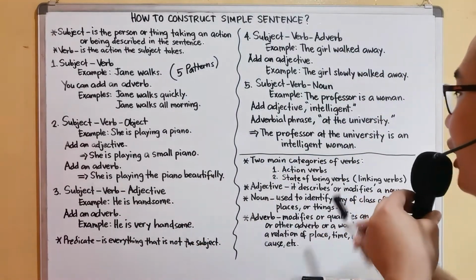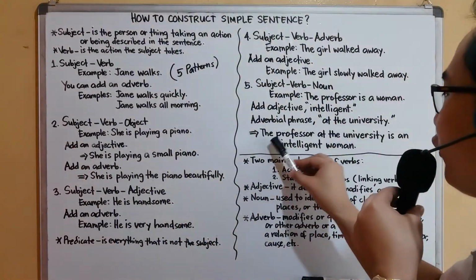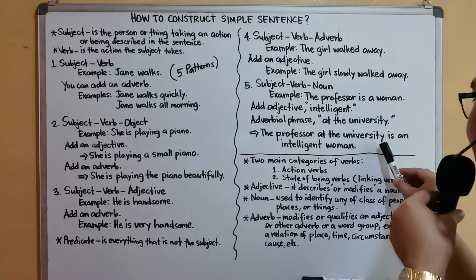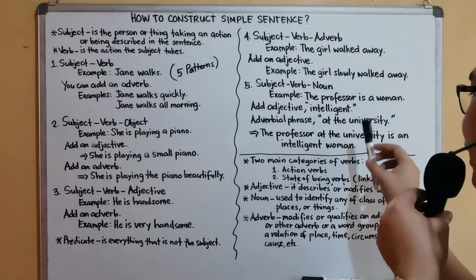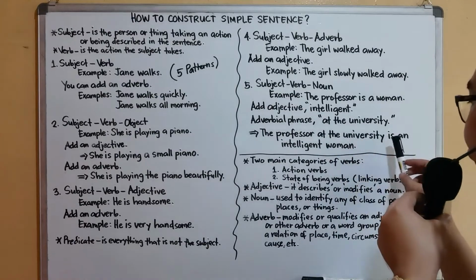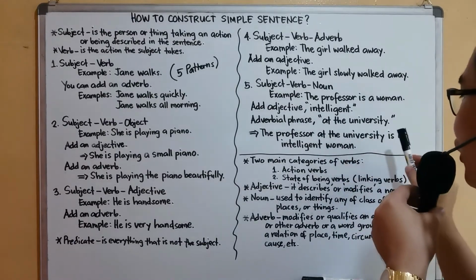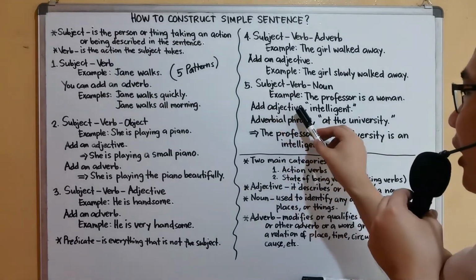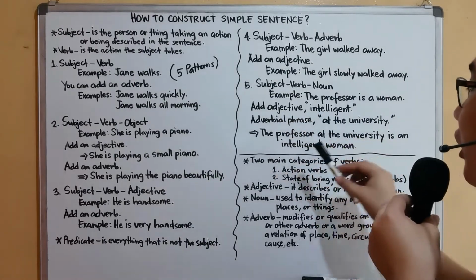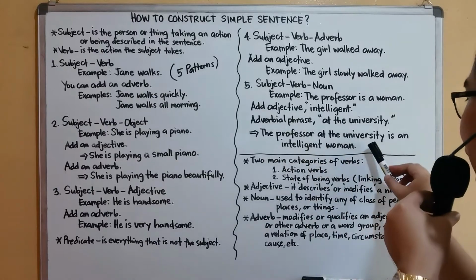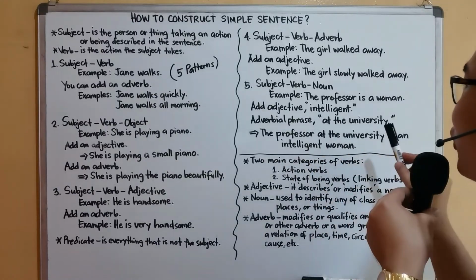Okay, so definitely our sentence would be, the professor at the university is an intelligent woman. From this particular adverbial phrase, we added in the sentence at the university, and we also added an adjective intelligent. So the sentence now would be, the professor at the university is an intelligent woman.